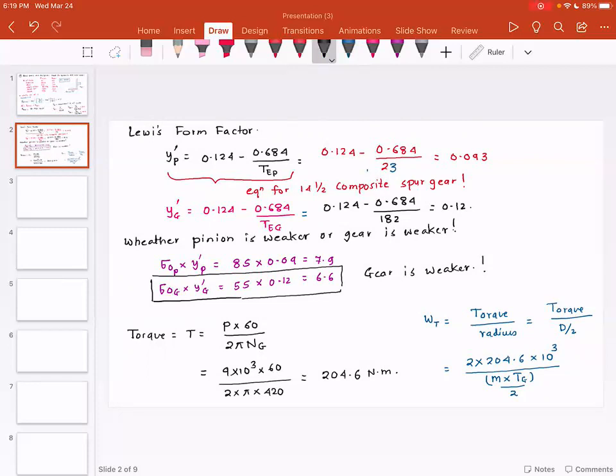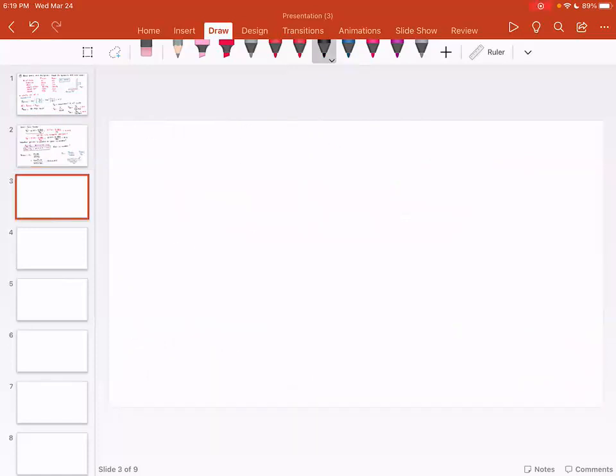So in the next step, I'm going to plug in these values. So I would get Wt, the tangential load, is equal to 2 times 204 multiplied by 10 to the power 3 divided by m multiplied by 60.